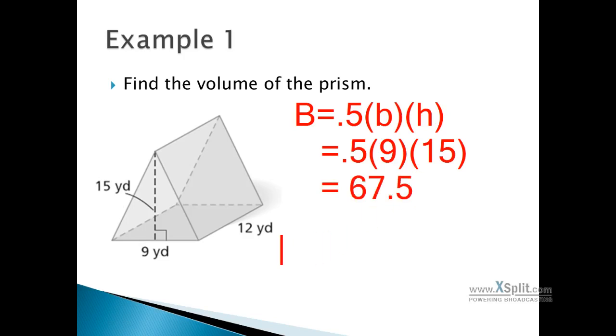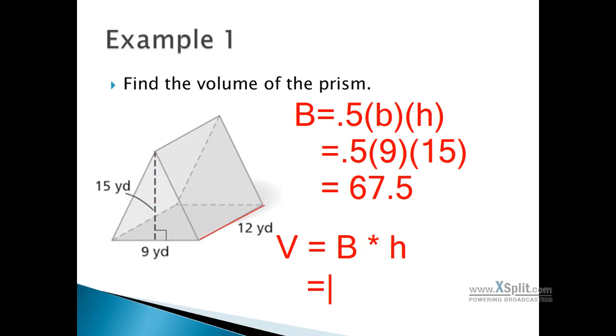All right. So if we want volume now, that's going to be base area times height of the figure. This is a different height than the triangle's height. The triangle's height had to do with the height of the triangle. Now we're looking at the height of this prism, the 12.